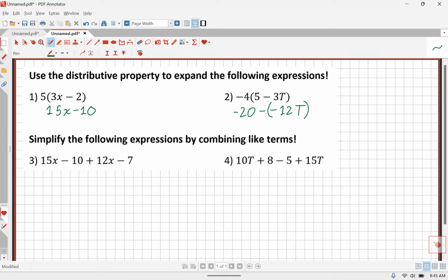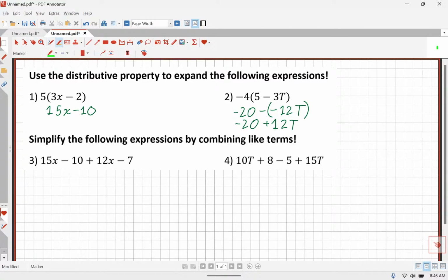But I'll tell you guys, even though this is mathematically correct, it's not simplified. Because something that we learned, guys, is that when you subtract a negative, it acts like addition. And so when we subtract a negative, we're literally going to turn that into addition. So if you see something like this, I want you to turn it into negative 20 plus 12t.